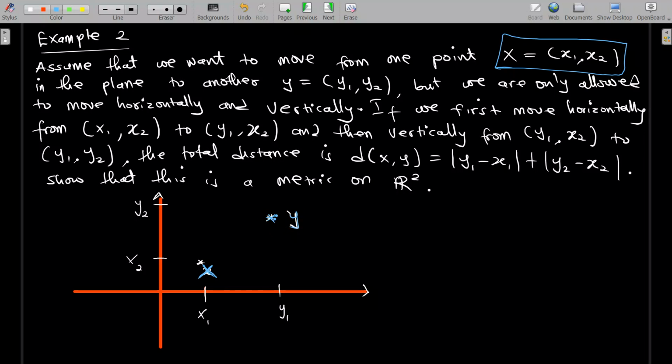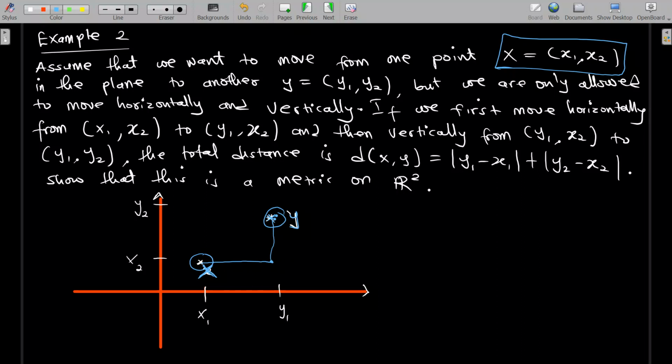We are only allowed to move horizontally and vertically. So if we want to move from this point to this point, the first thing we can do is move horizontally from here to here, then vertically to the second point.